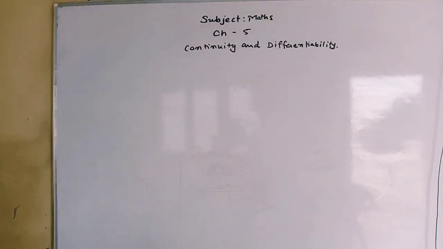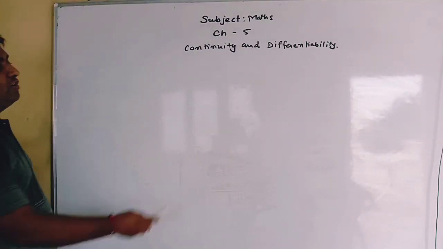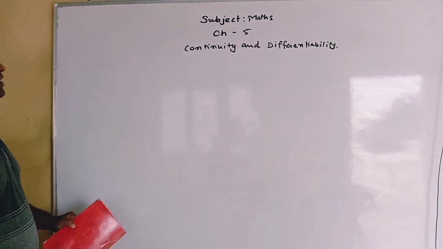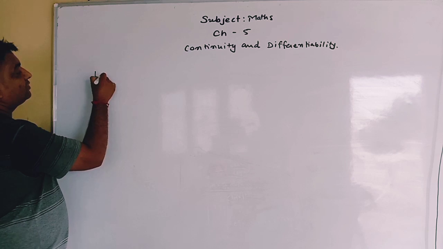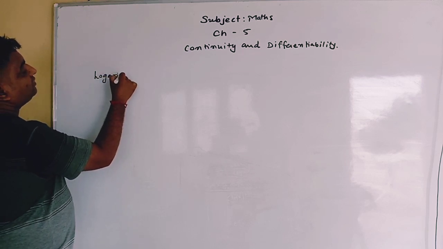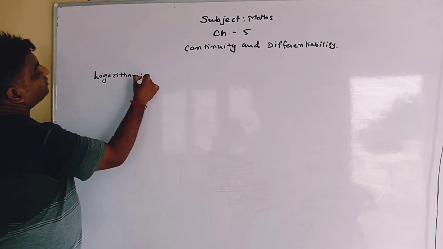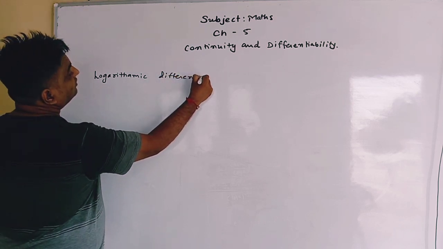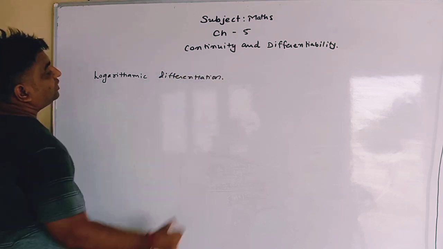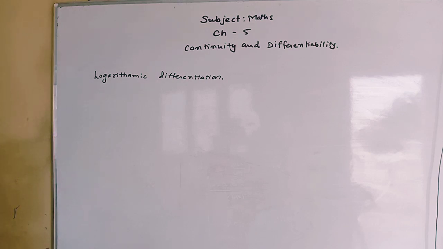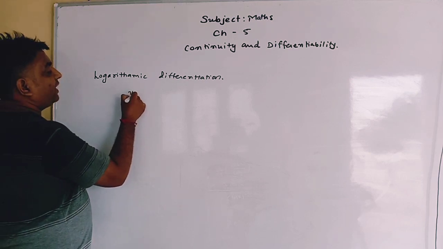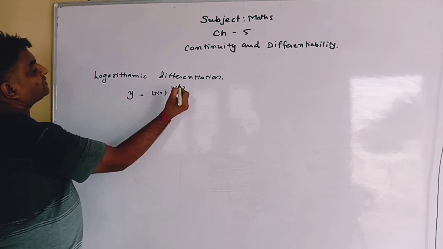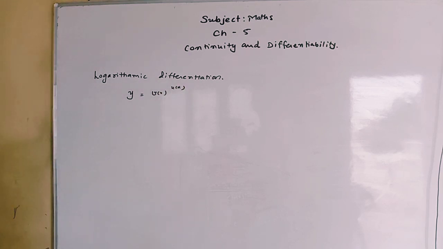Hello friends, in Maths chapter 5, continuity and differentiability, we'll see now logarithmic differentiation. Logarithmic differentiation is defined for y equals b(x) raised to u(x), meaning a variable function raised to another function.